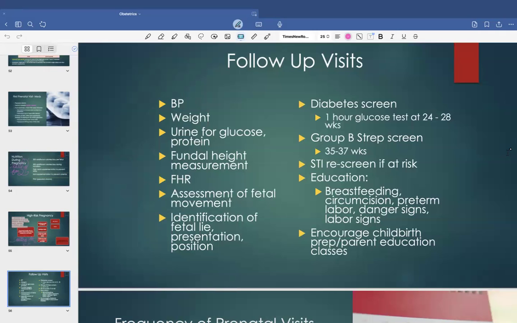Going to talk about that more. STI rescreen if they are at risk. Education on breastfeeding, circumcision, preterm labor, danger signs, labor signs. And you can encourage childbirth prep and parent education classes, new mom classes, new parent classes, things of that sort.